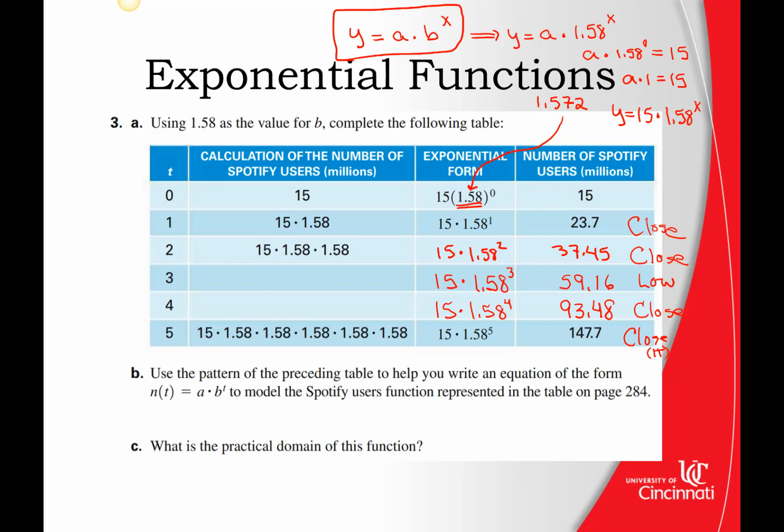Could we have used 1 and 24? Yeah, that would have looked like A times 1.58 to the first power equals 24. And if you take the 24 and divide it by the 1.58, you get 15.18.